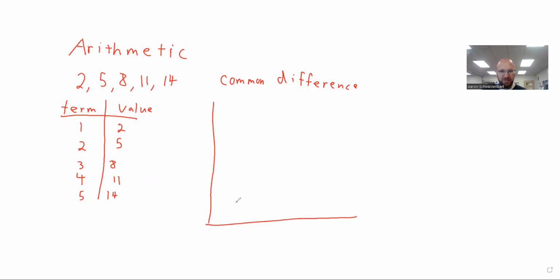Now, for these, I really only need the first quadrant. The x-axis goes the terms. On the y-axis goes the values.